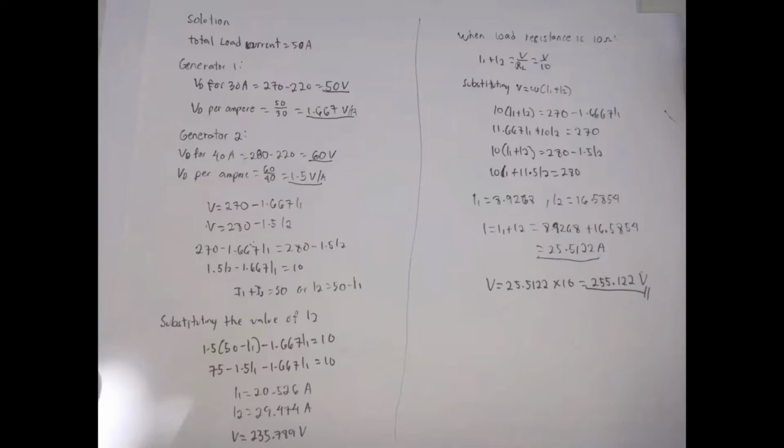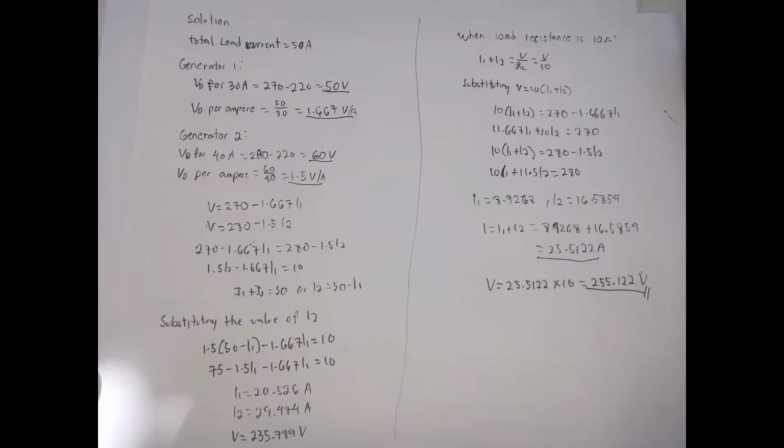So to get the I1, I2, the voltage V is equal to 270 minus 1.667 I1, then V is equal to 280 minus 1.5 I2. So equating them, 270 minus 1.667 I1 is equal to 280 minus 1.5 I2. So transposing, 1.5 I2 minus 1.667 I1 is equal to 10.